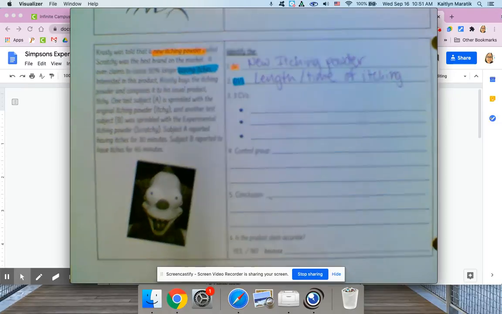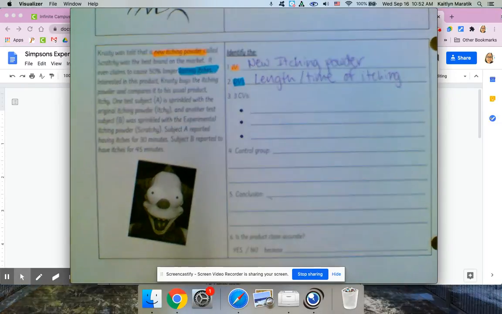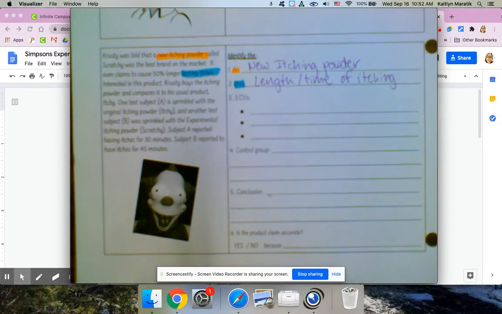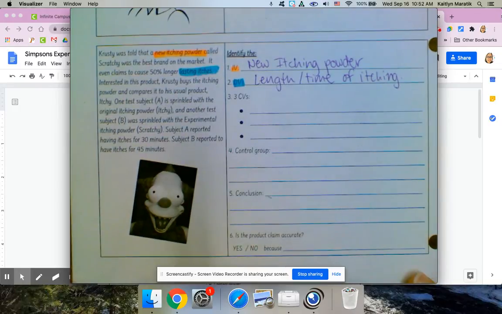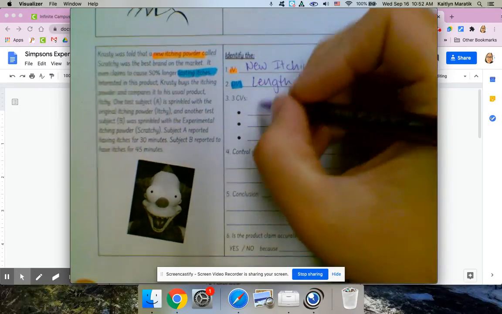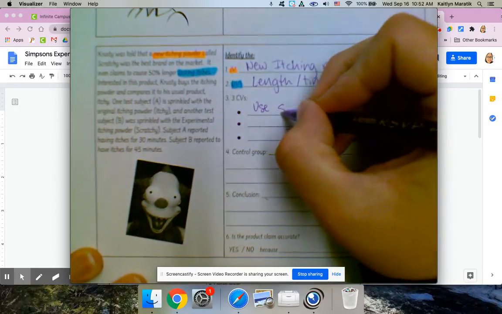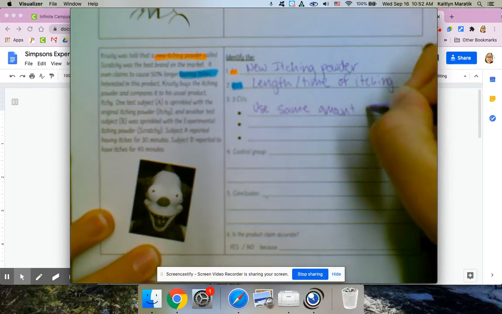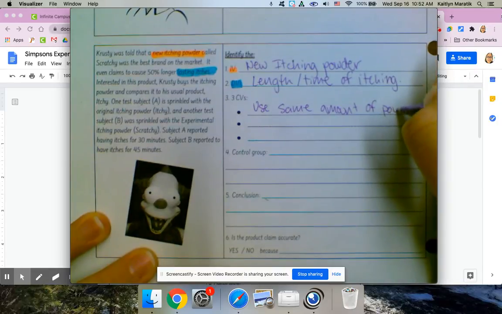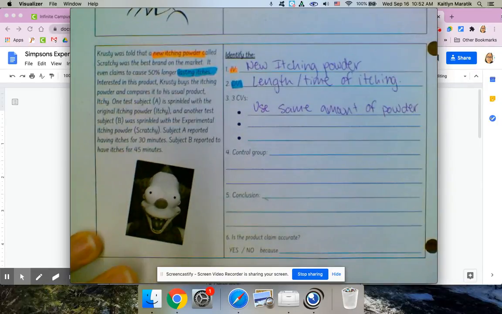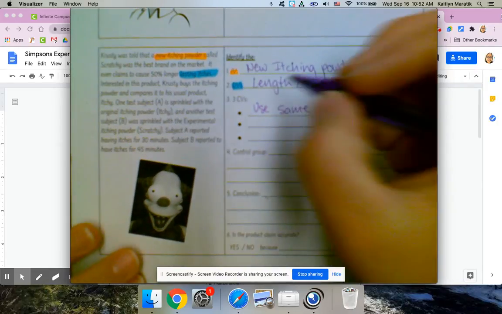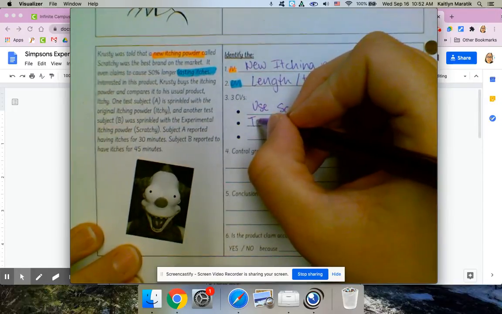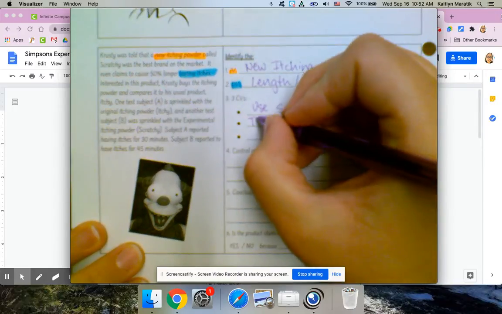Okay, so what are some things we'd want to keep the same? Well, if we're going to sprinkle this into people's pants, which sounds kind of horrible, we probably want to use the same amount. We might want the test subjects to wear the same pants, or same brand or type of pants.